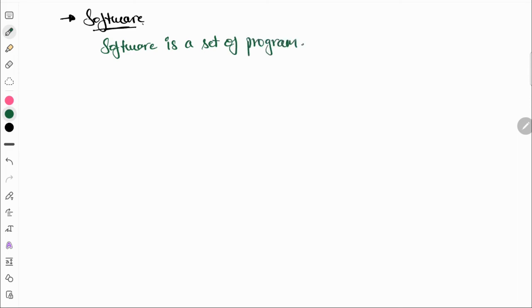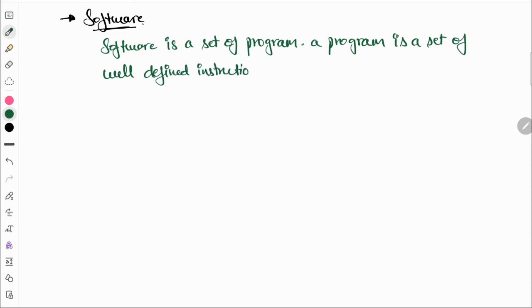A program is a set of well defined instructions that can solve a particular problem.